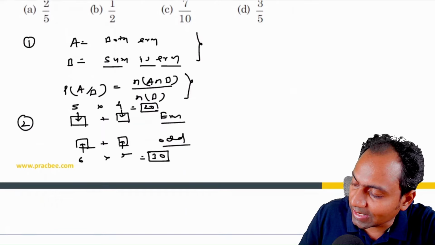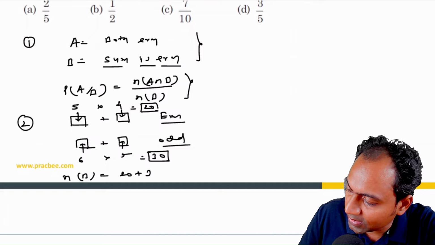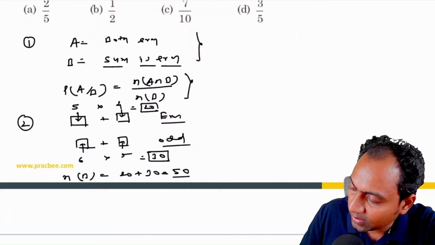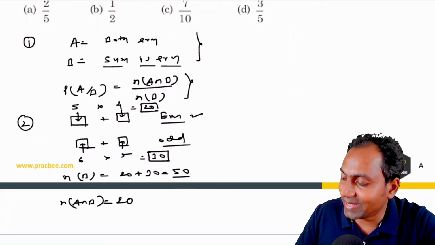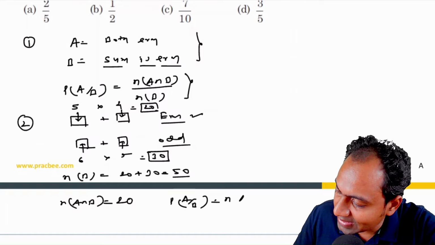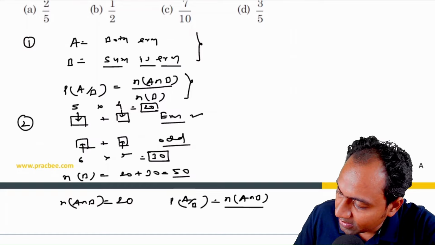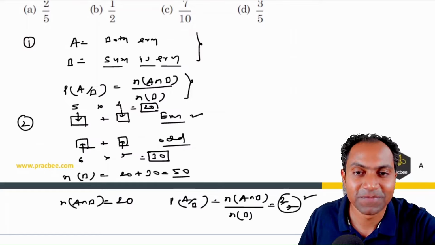The question says the number of elements in B. Now we have figured this out. This is nothing but 20 plus 30 is equal to 50. And the number of elements in A intersection B. So the probability of A by B is nothing but the number of elements in A intersection B by the number of elements in B, and this comes out to be 2 by 5.